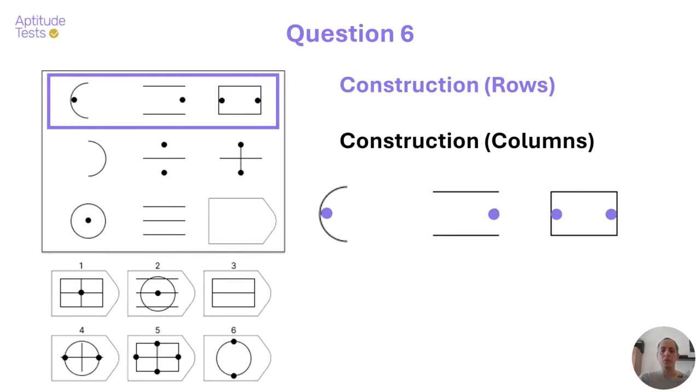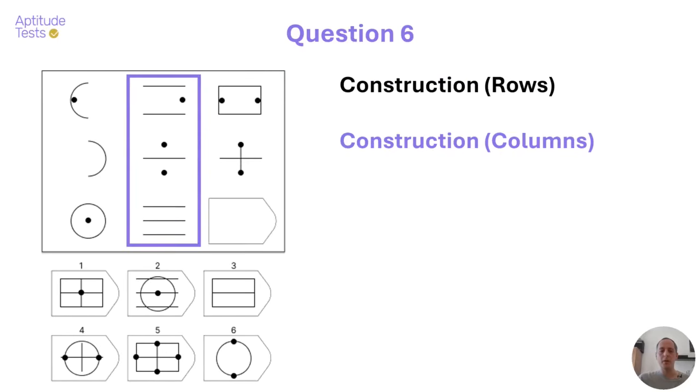Let's start with the rows. In the rows, only the dots follow the construction pattern. Okay, we take the left dot from the leftmost shape, the right dot from the middle shape, and we combine them into the 2 dots on the rightmost shape. In the columns, it is the other way around. The lines are the ones that follow the construction patterns.